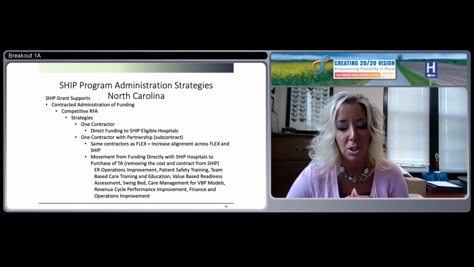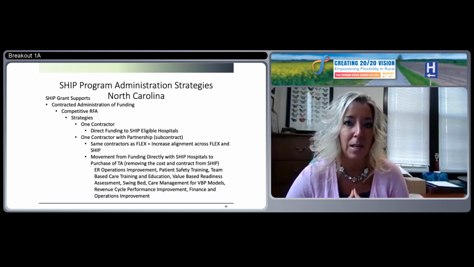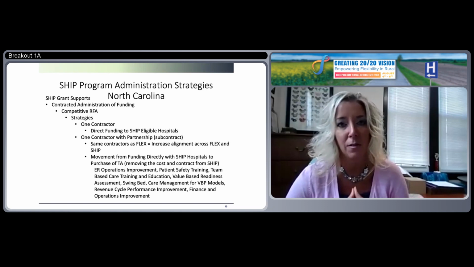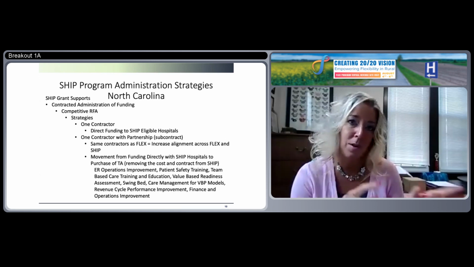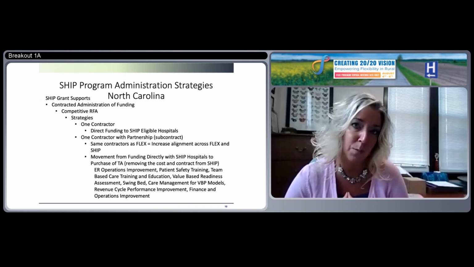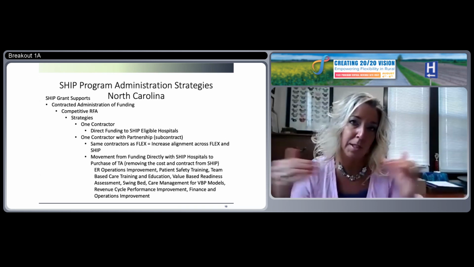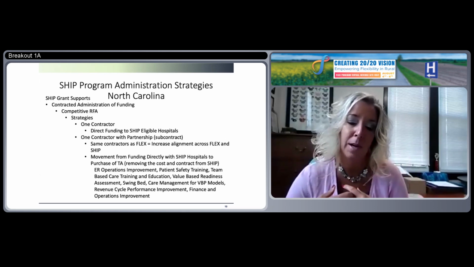But the biggest change this year that we're doing with our SHIP is we have purchased technical assistance in advance for them. So instead of tracking invoices and keeping up with costs and turning in receipts and all of that, we have 2 contractors, and they're the same 2 contractors that we work with in the Flex program to create alignment across the Flex and SHIP programs.